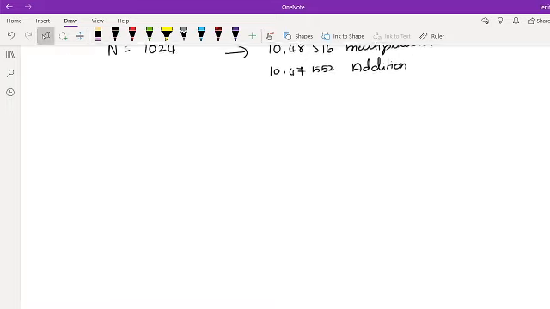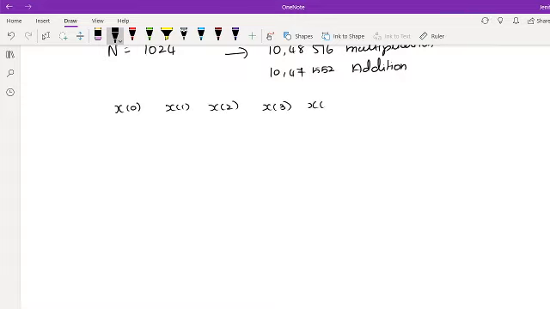For example, I am considering an 8-point DFT, that is N is 8. So I am representing the 8 samples, that is x of 0, x of 1, x of 2, x of 3, x of 4, x of 5, x of 6, x of 7. I am going to decimate or divide the sequence into two halves with respect to even and odd.